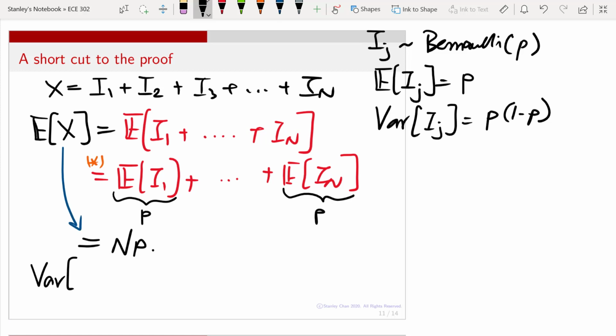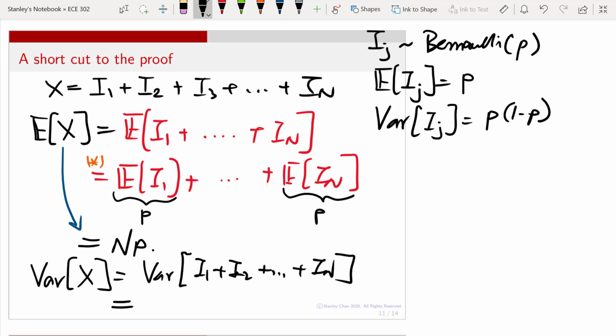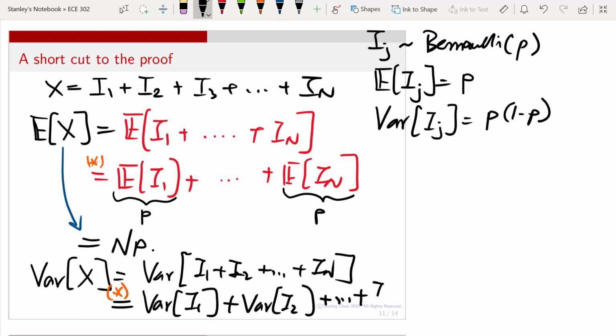Similarly, we can calculate the variance of X. The variance of X is the variance of I1 plus I2 plus ... plus In. And again, by a trait called the independence of multiple random variables, something that we will discuss later on in our course, you can show that it will become the variance of I1 plus the variance of I2 plus ... plus the variance of In.